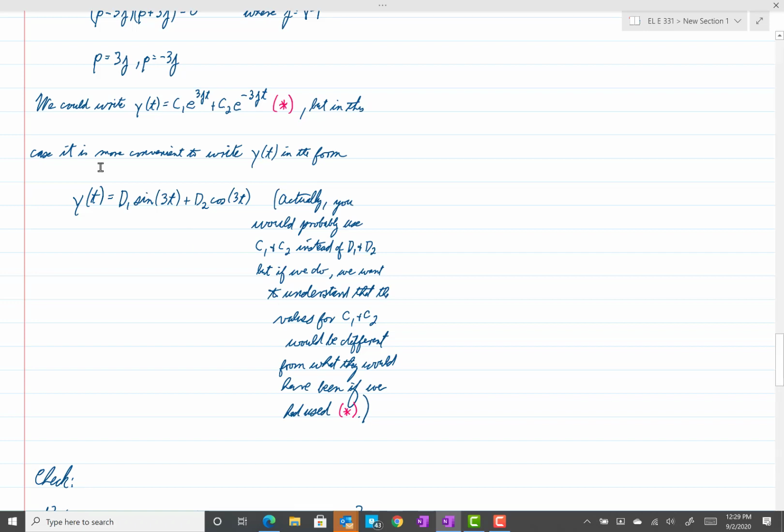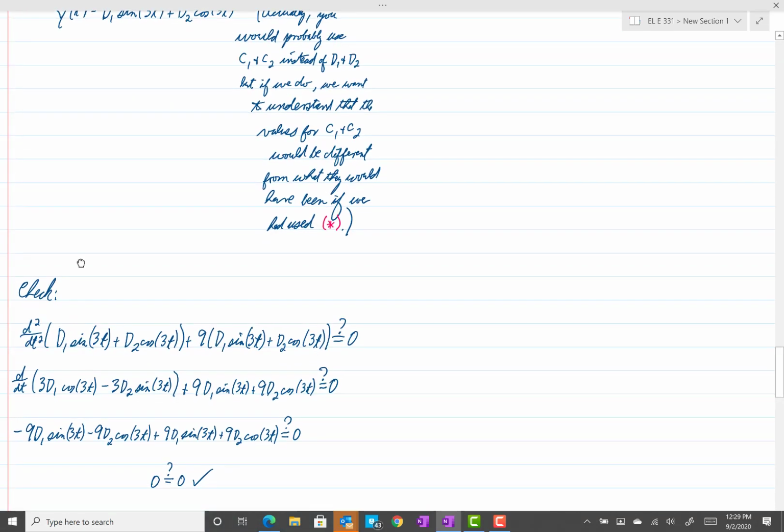Okay. So we have this solution right here, y of t equals d1 sine 3t plus d2 cosine 3t. And as usual, then we will check. So d squared y dt squared plus 9y, is that indeed equal to 0? Okay, and let's see. So I'm going to write the second derivative as the derivative of the first derivative.